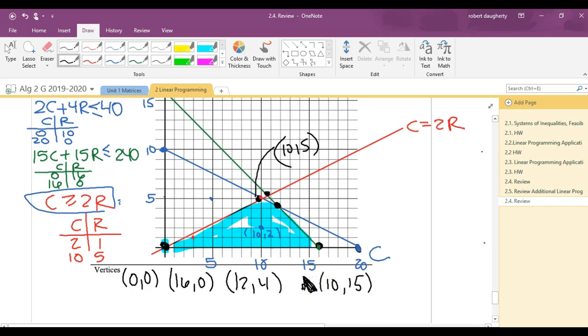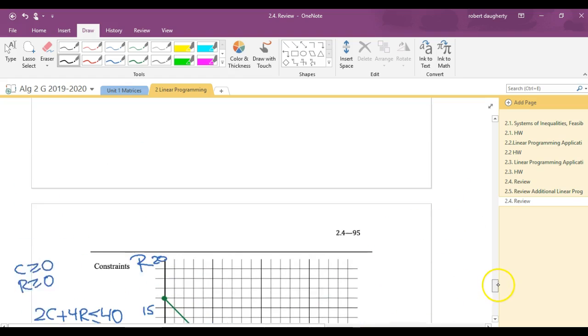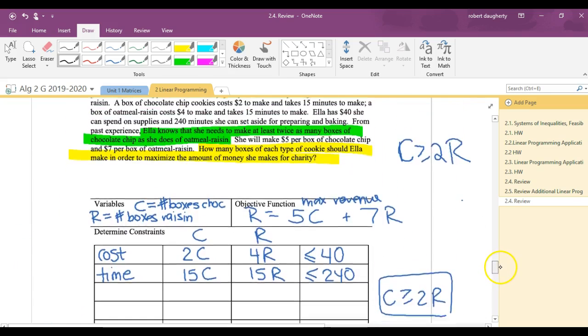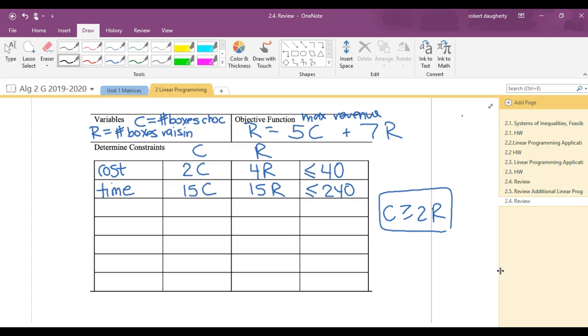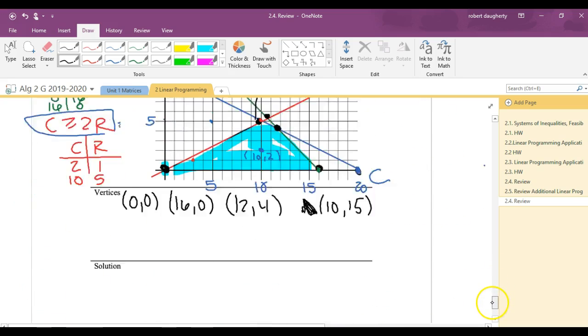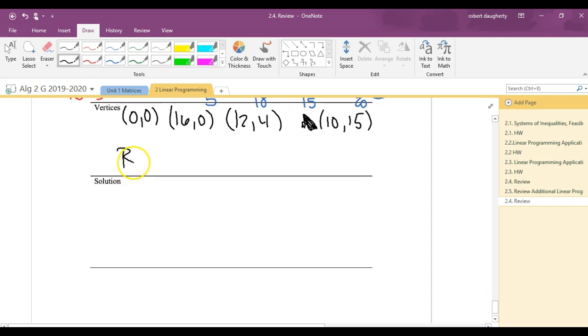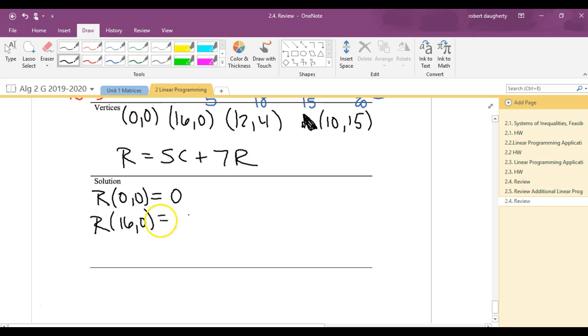Now it's just a matter of plugging those in. I'm trying to minimize my cost, and my cost was what? That's the revenue, maximize the revenue, 5C plus 7R. So the revenue at 0, 0 is going to be 0. The revenue at 16, 0 is 5 times 16, which is 80.